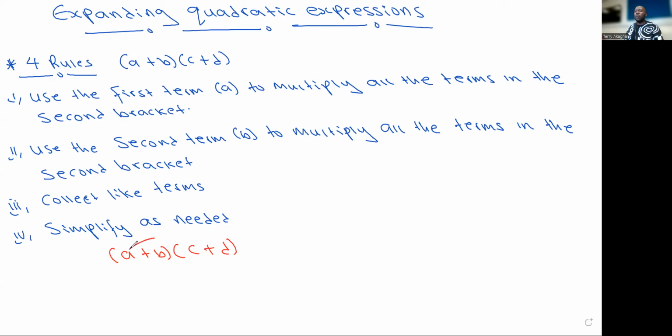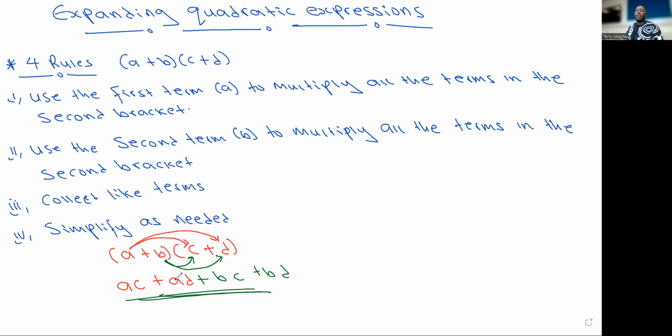A will multiply C, and A will multiply D. So A times C gives you AC, and A times D gives you AD. The next one, we're going to use B. B will multiply C, and B will multiply D. So B times C gives you BC, and B times D gives you BD. So that's how you expand.